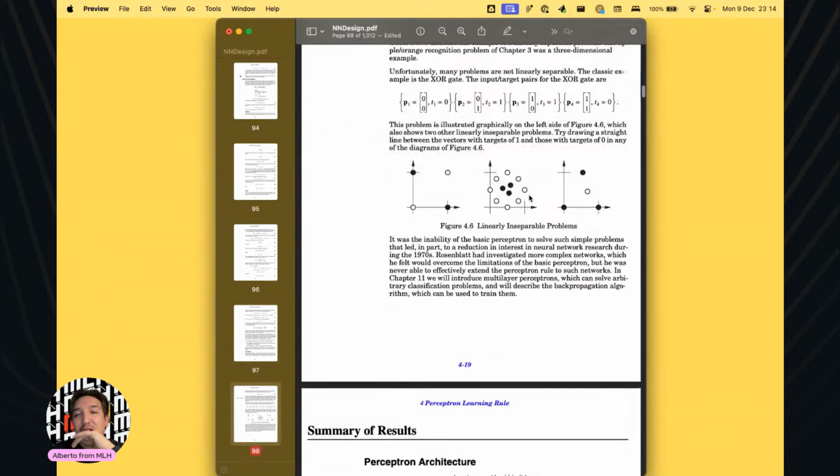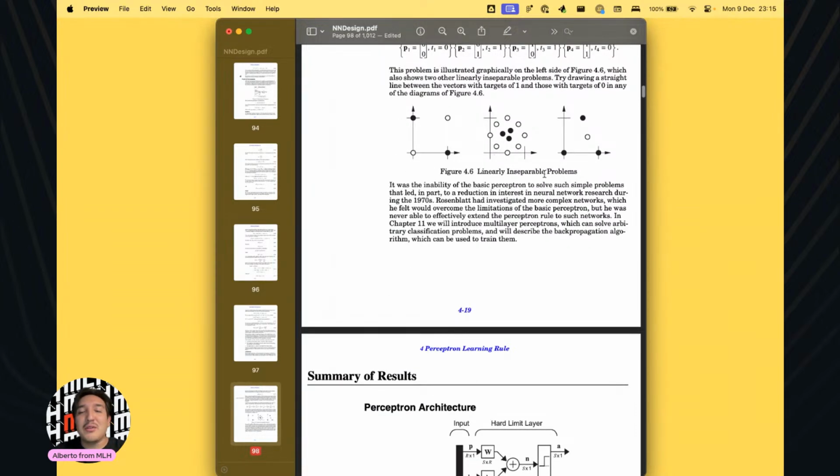These are problems that we cannot resolve, because imagine, draw a line that can classify this. You can't. They are not linearly separable problems. Same like this, you cannot draw a simple line here. You have to draw a very specific function that separates this, and we do not have the criteria for that.